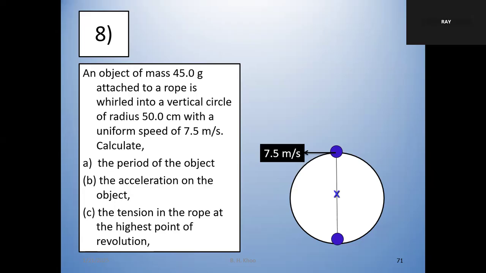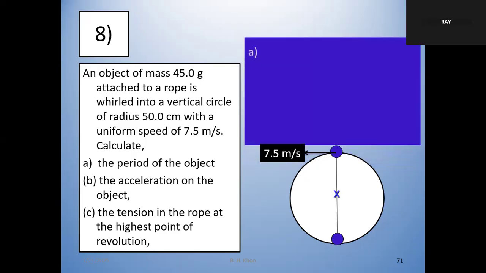V is S over T, so period T equals S over V. The period is 0.42 seconds.